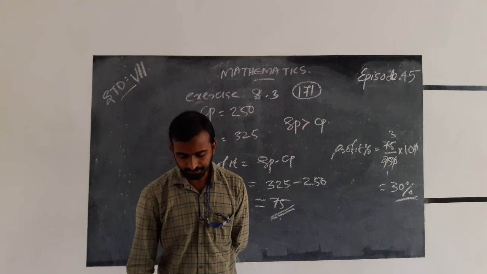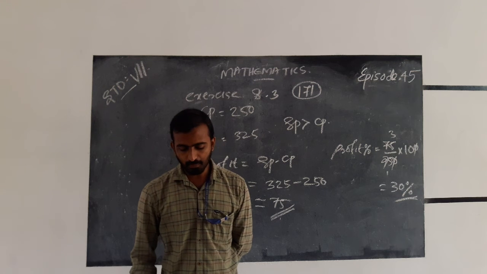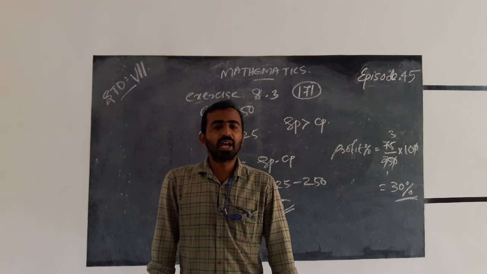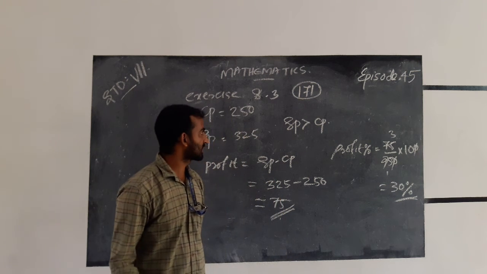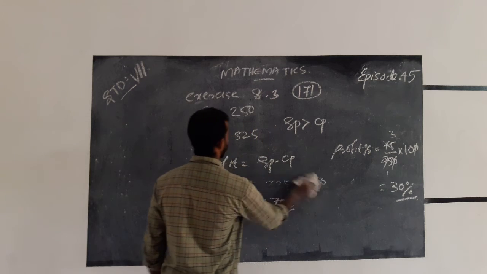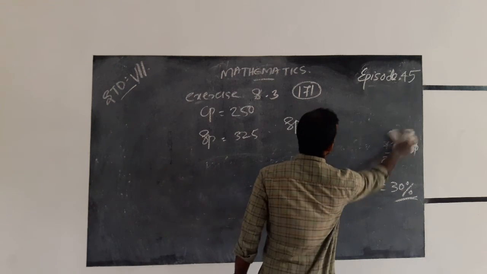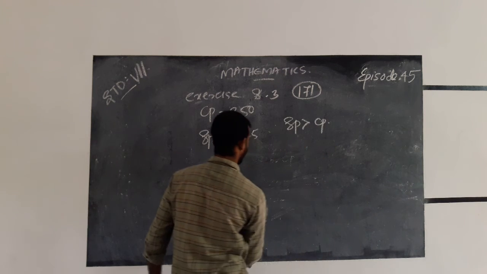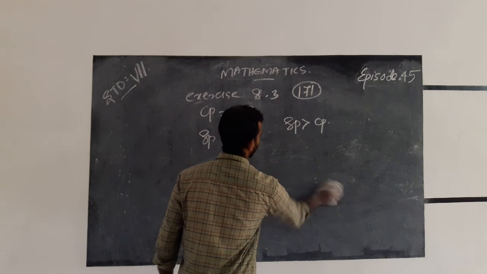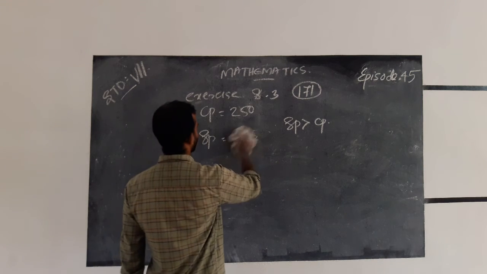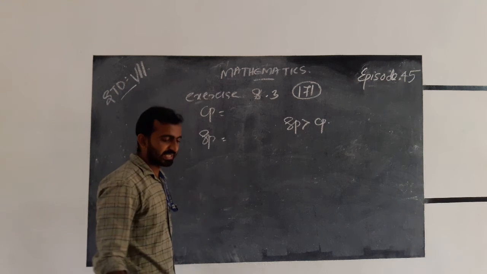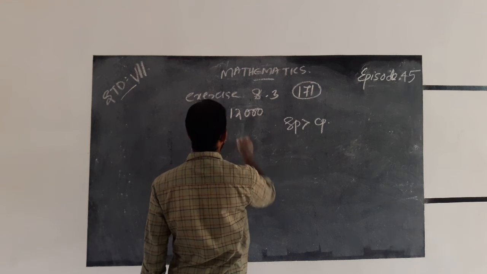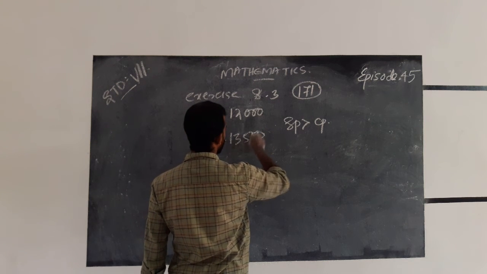And the next question is, a refrigerator bought for 12,000 and sold at 13,500. Here the cost price is 12,000 and the selling price is 13,500.